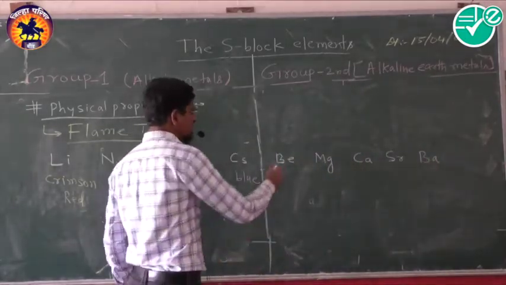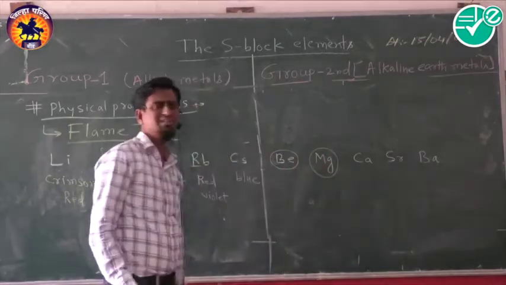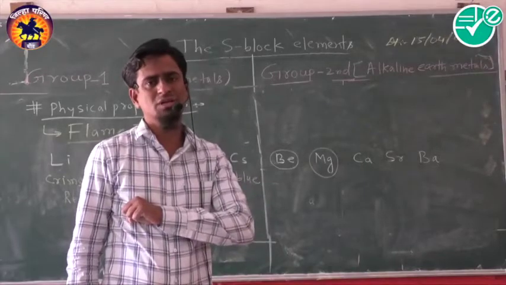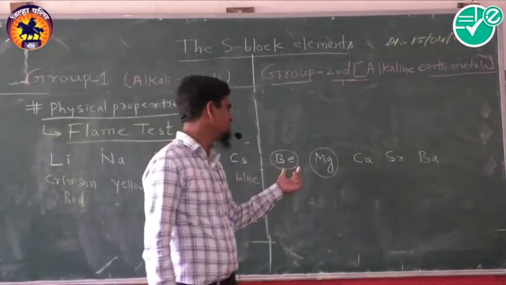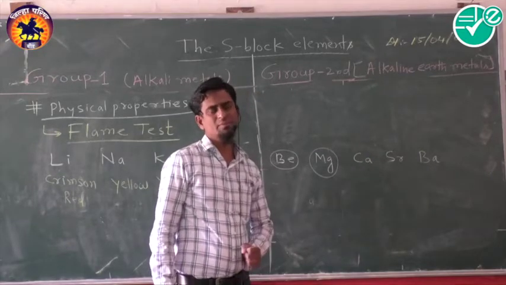Listen, students, in beryllium and magnesium, electrons are tightly bound by the nucleus because their size is comparatively small as compared to calcium, strontium, and barium.